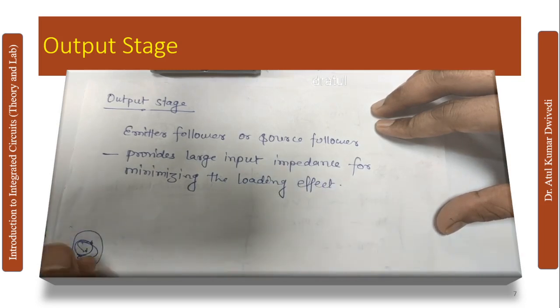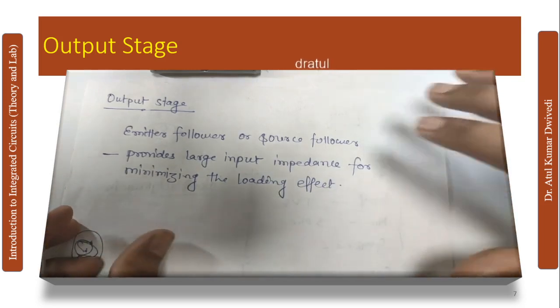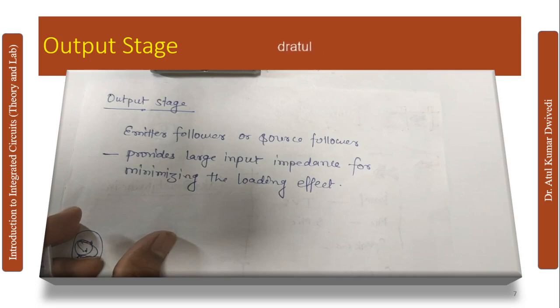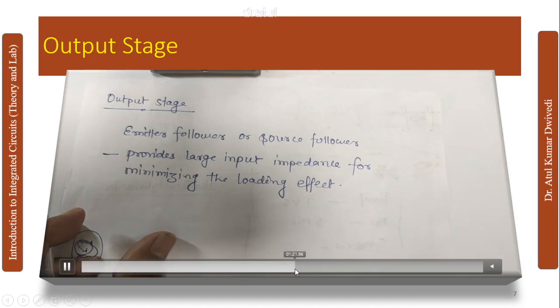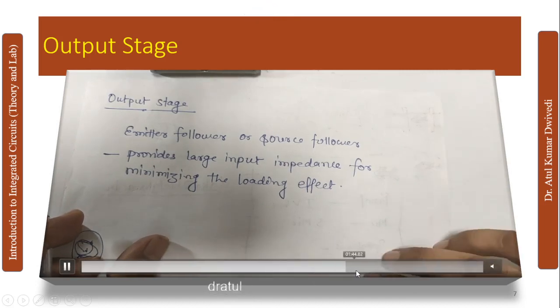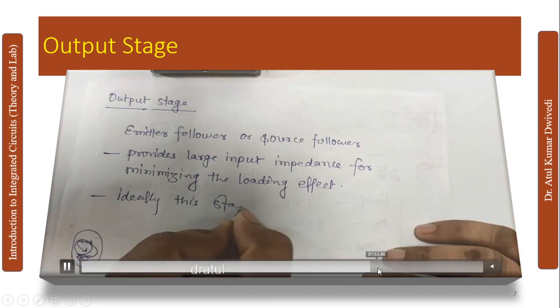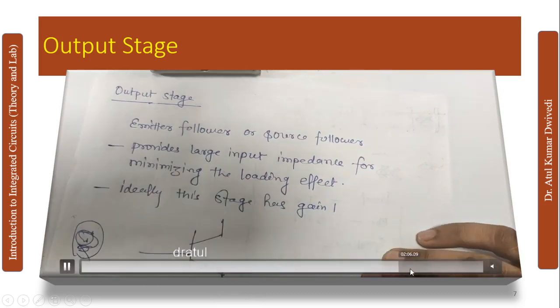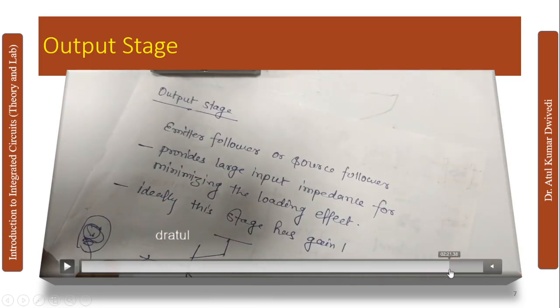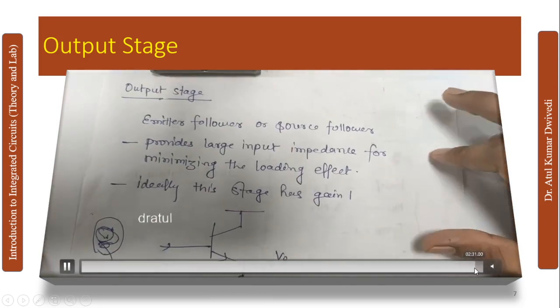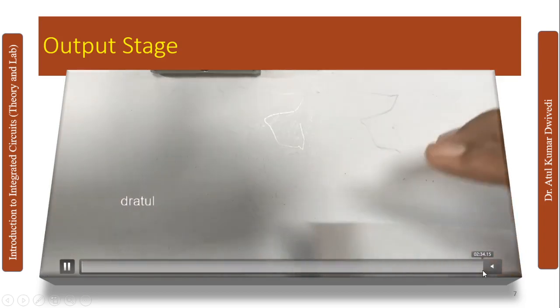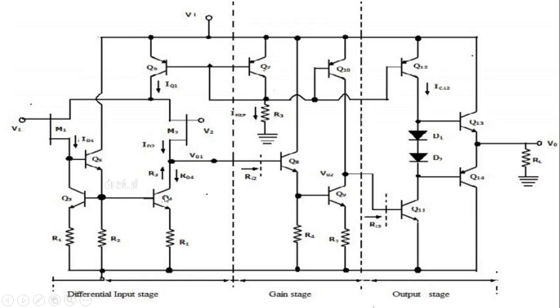Okay. So if you see the overall circuit, it is like this. In this circuit, you can see this part is for the first input V1, and this is the second input V2, going through the MOSFETs M1 and M2, and this goes to the bias circuit, the current mirror circuit, through Q3 and Q4 and R1, R2, R3.